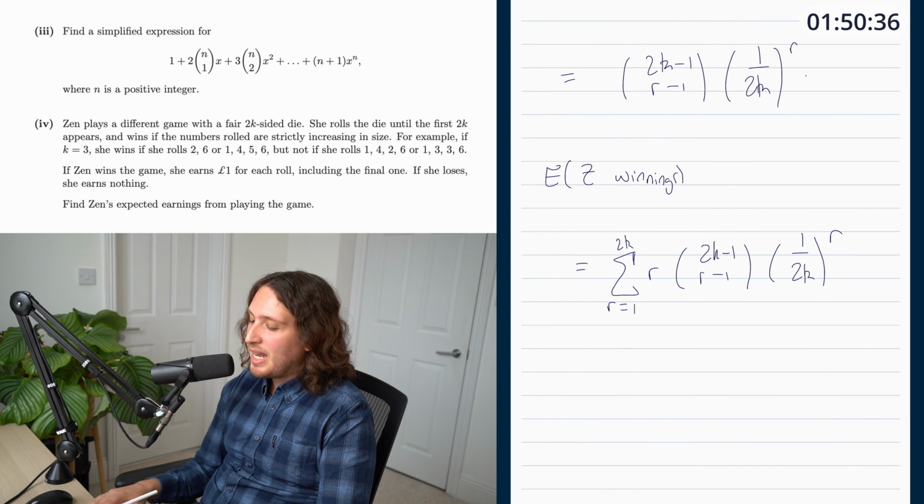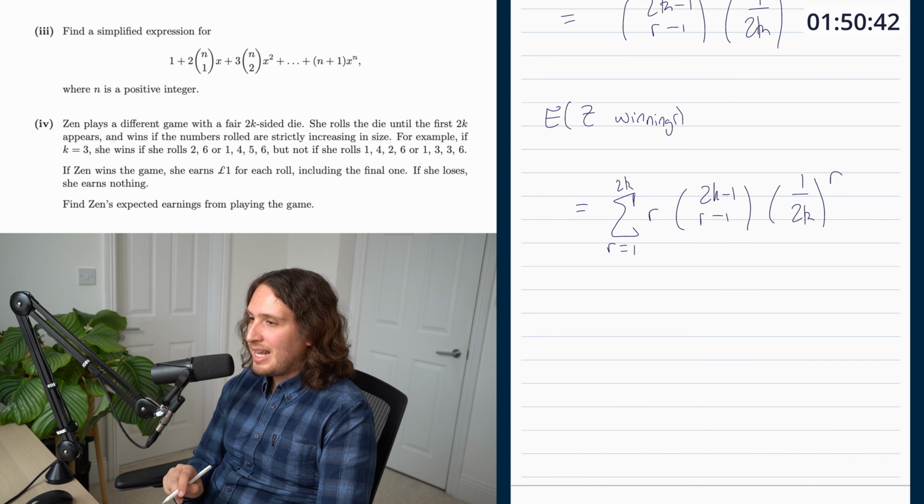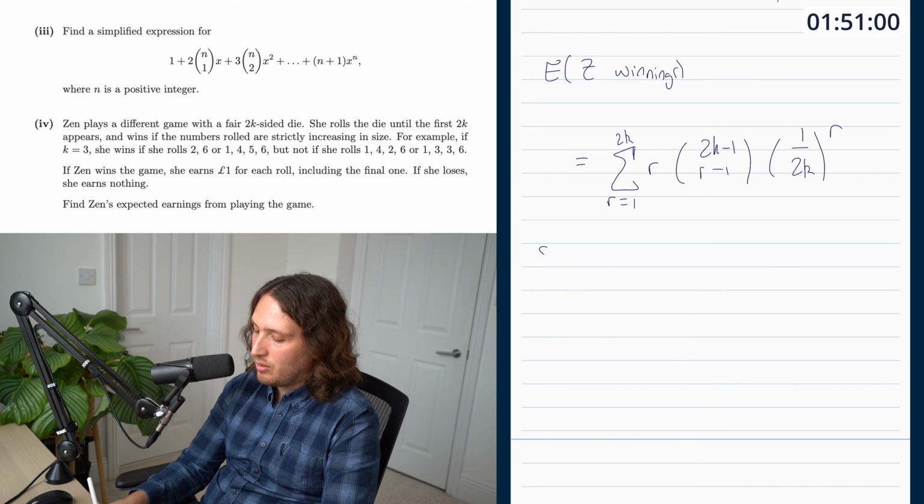Now, this looks a bit like the result from part 3, except there... Clearly, the power started from 0 and not 1, because we started with x to the 0, not x to the 1. So I'll make a change of counter variable.